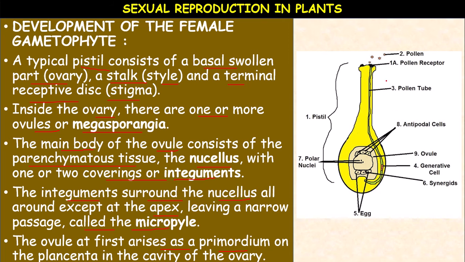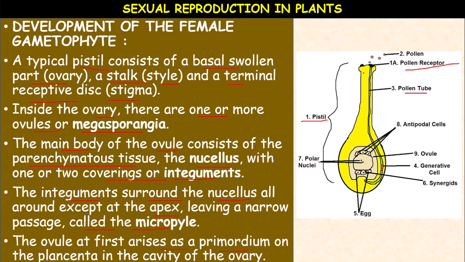Here you can see the pistil, this entire thing. It has the pollen receptacle, and the pollen tube forms as soon as the pollen grain reaches the stigma. The center one is called the pistil.